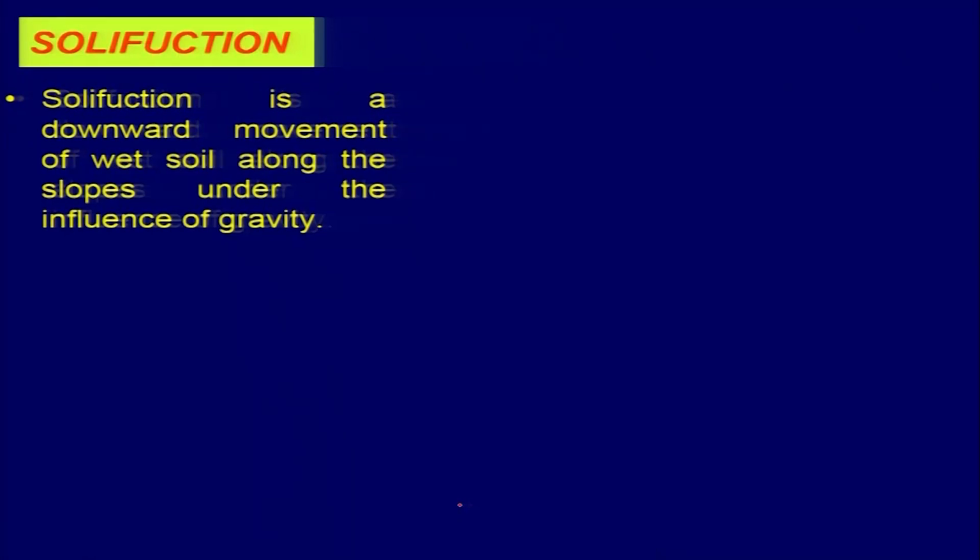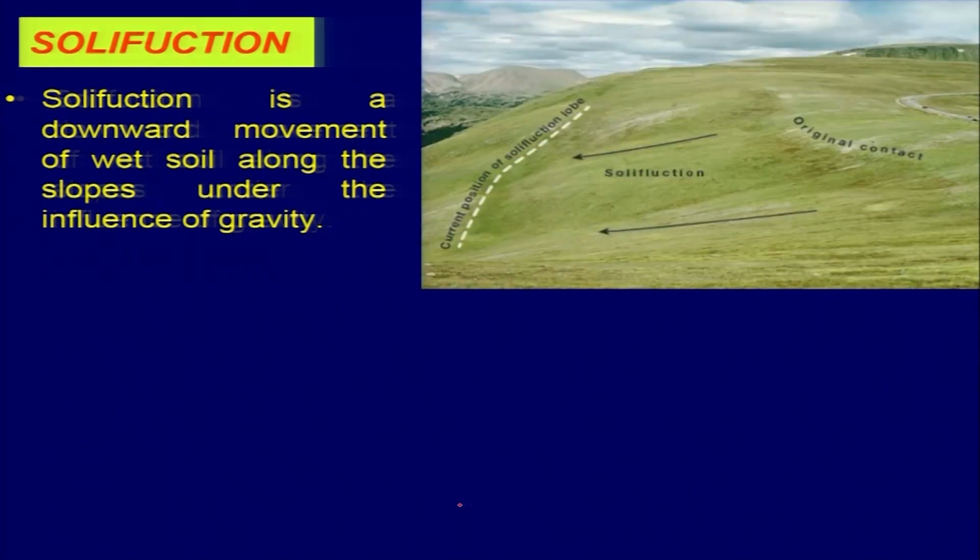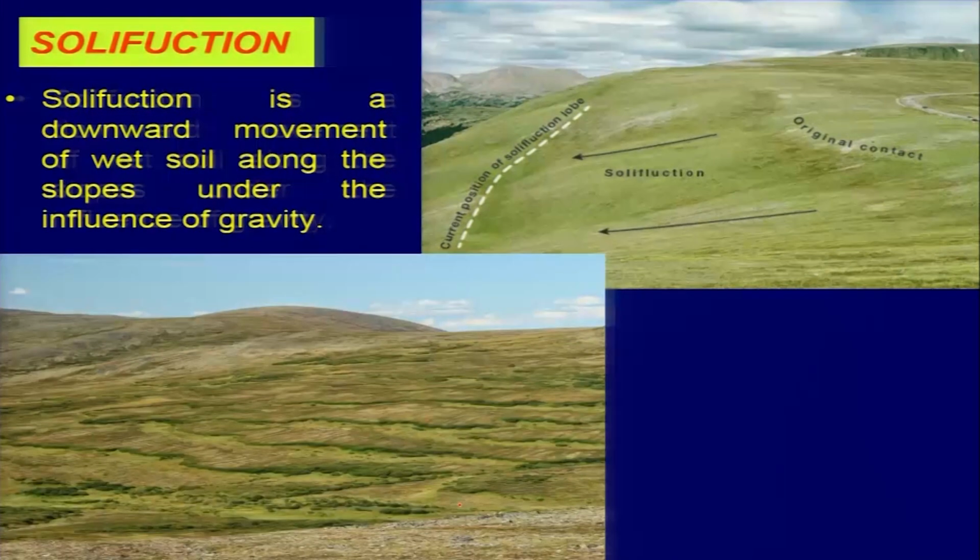Now, solifluction, if we take, is a downward movement of wet soil along the slope under the influence of gravity. Now, this will be mostly seen in areas where we have snow cover, or in areas where we have glacial landforms. So what you see here is the original contact here, whereas the slow movement of the soil has been seen.